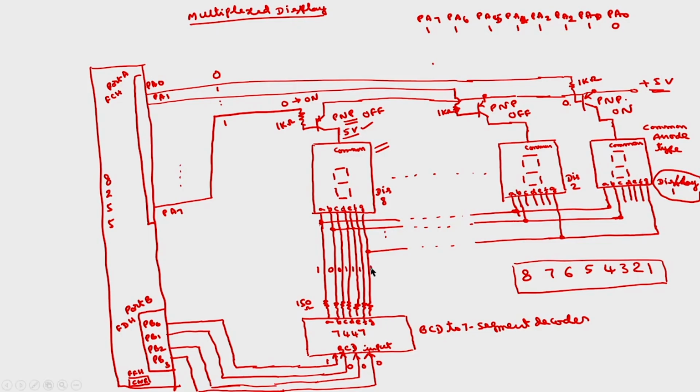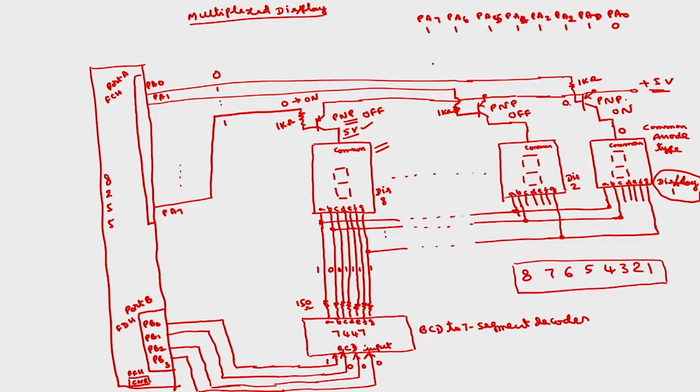Of course this pattern is common to all the 7 segment displays, but for the first display only, the common point is connected to 1. All the remaining common points are connected to 0, so they will be off. Because of that, only the 1 will be displayed on the first display.